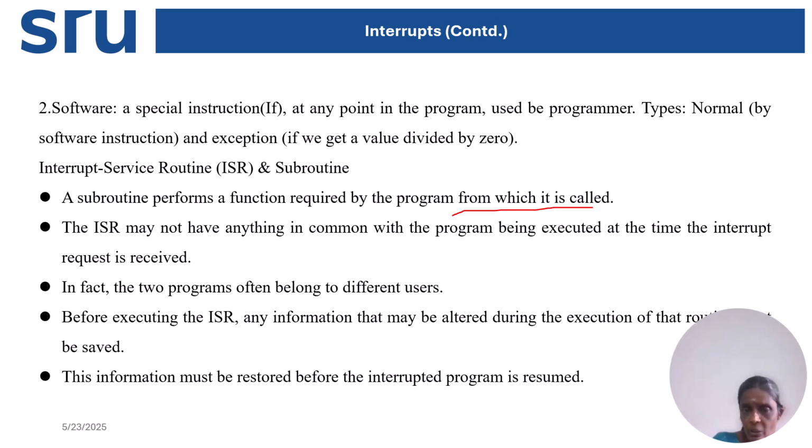The interrupt request is received. It is unrelated to the program and it is stored somewhere else. It is not linked with the main program. Whenever it is called, the control will transfer to that particular memory location. In fact, the two programs often belong to different users.